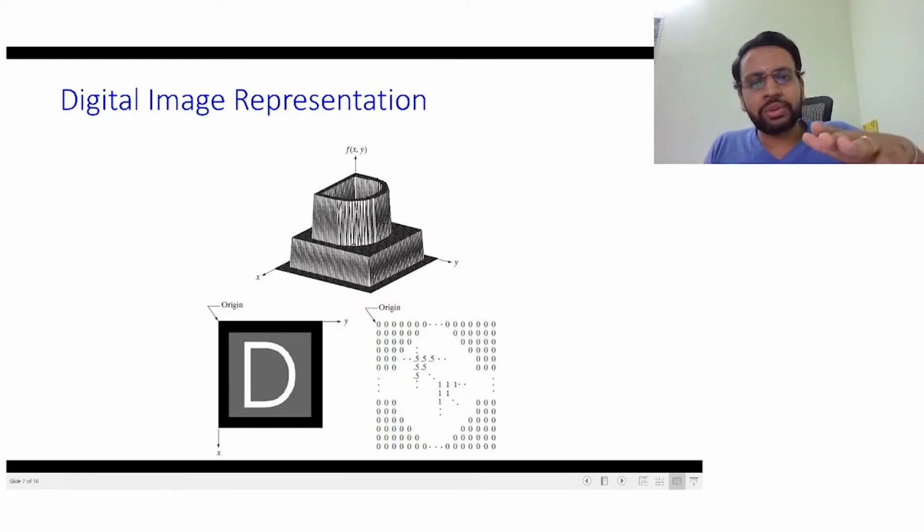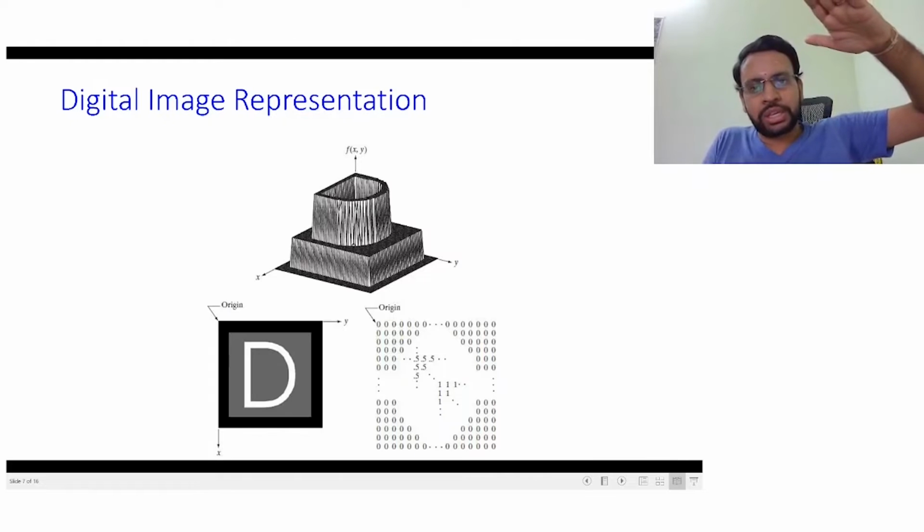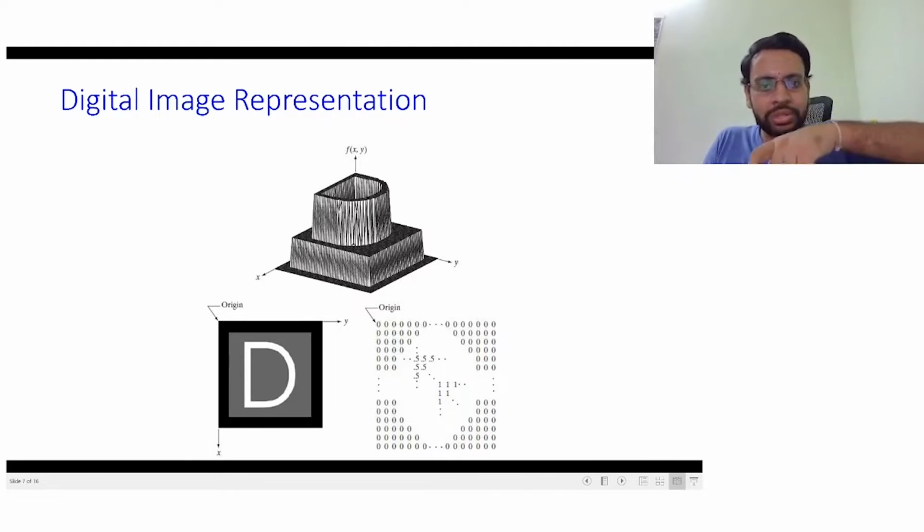So one way you could think of representing an image is like a surface. You have x, y in 2D, and your third dimension being the intensity values at those intersecting grid points.